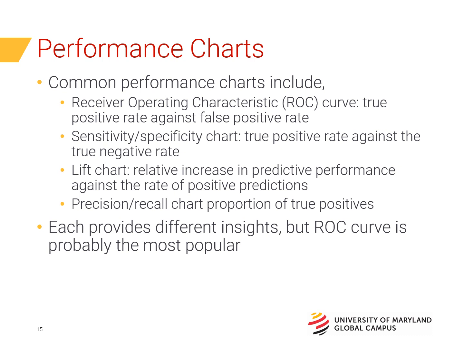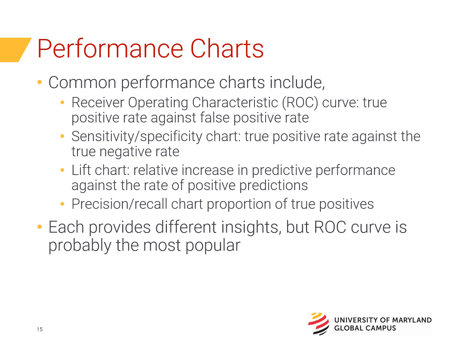Another valuable chart is the lift chart. The lift chart measures the relative increase in predictive performance compared to a random baseline. It plots the lift, which is the ratio of the classifier's predictive performance to the random baseline, against the rate of positive predictions. The lift chart helps us assess the effectiveness of our classifier in targeting the most likely positive instances.